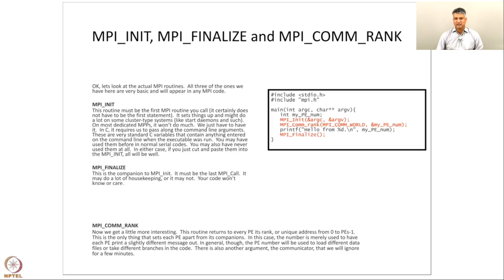The communication rank is the one which actually obtains this number. The number is assigned when you do the initialization. And the unique addresses start from the number 0 and go on to number of processes minus 1. That's the only thing that sets each of these codes apart from the other.